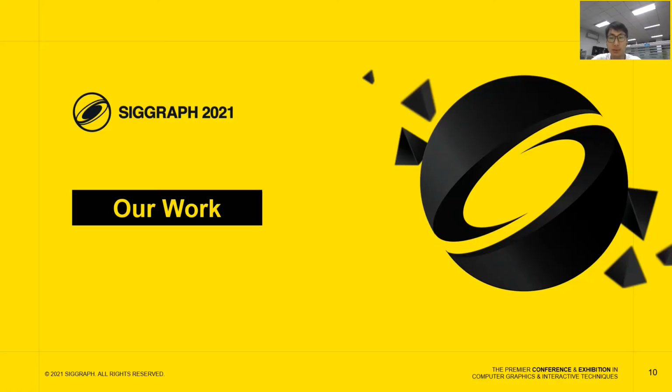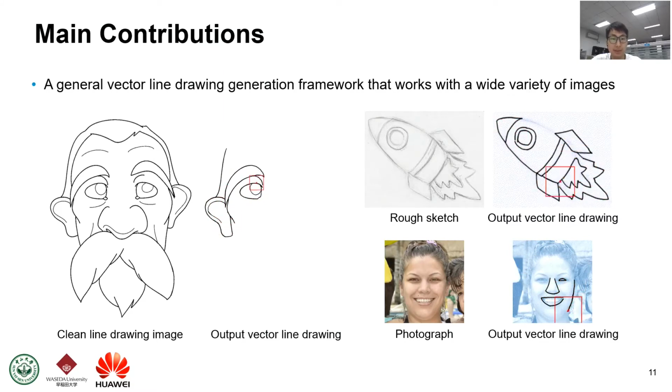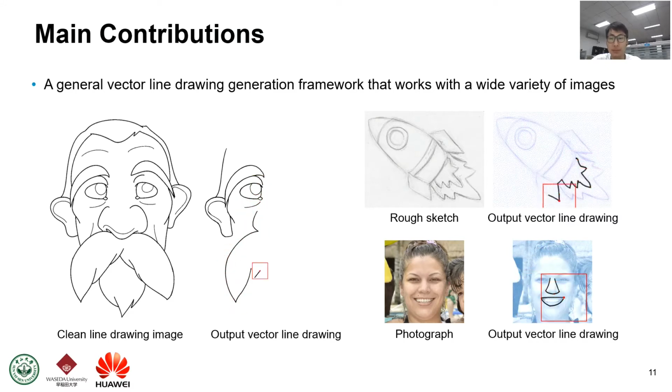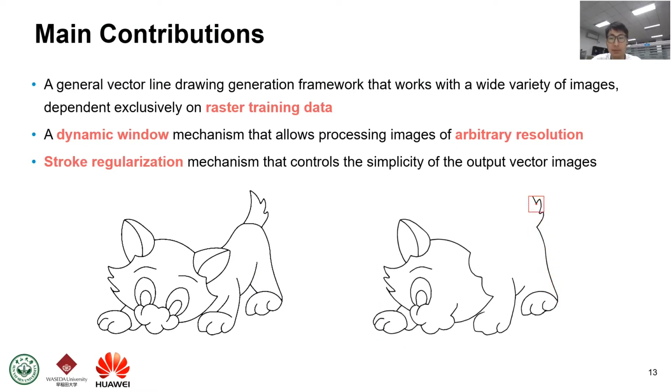Next, I will introduce our work. We propose a general framework for vector line drawing generation. This framework works with a wide variety of images, such as clean line drawings, rough sketches, and photographs. Our framework learns to produce vector line art directly, but during training, it depends on raster data only for supervision.